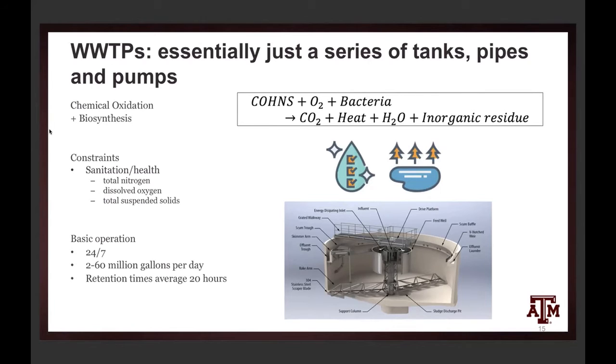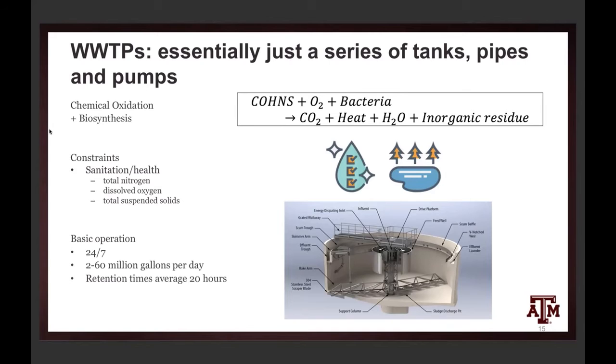essentially. And then in terms of basic operation, these plants have to run 24/7. There's no stopping them, and they'll process water anywhere between 2 to 60 million gallons of water per day, depending on their size. We've seen here in Texas how really large plants don't necessarily occur all that often, even though there are some exceptions.